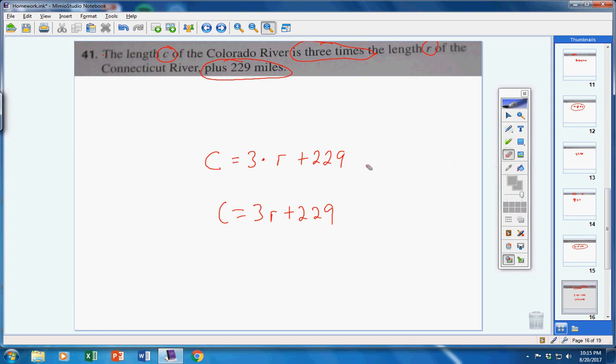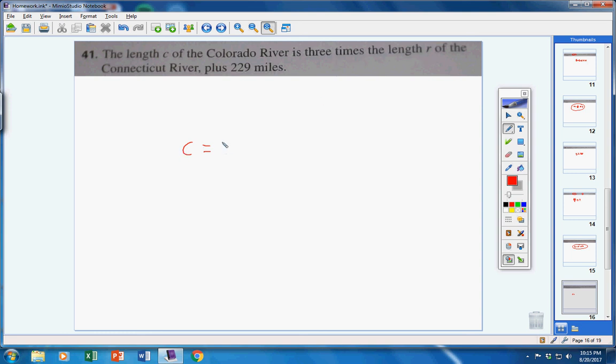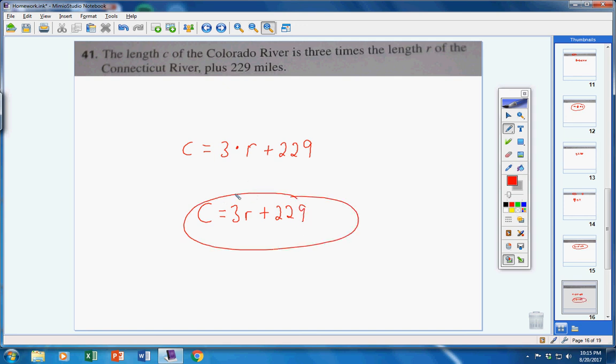Okay, but if you don't like picking words out, that's fine. We'll start from the beginning. The length C of the Colorado River is 3 times the length R of the Connecticut River plus 229 miles. Exact same answer. And there we go. Okay. Pretty simple, not too difficult.